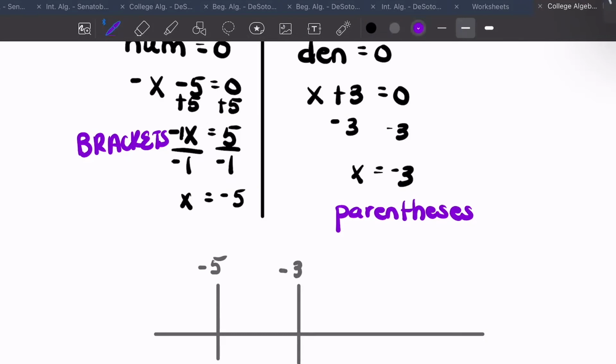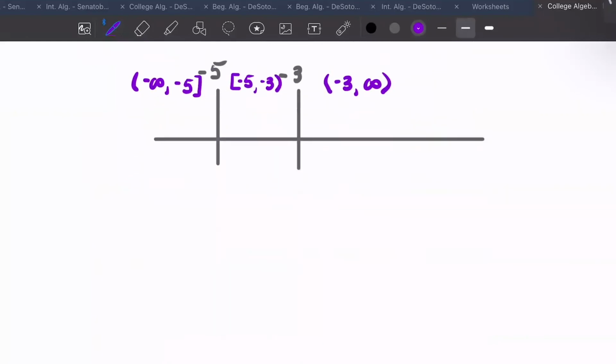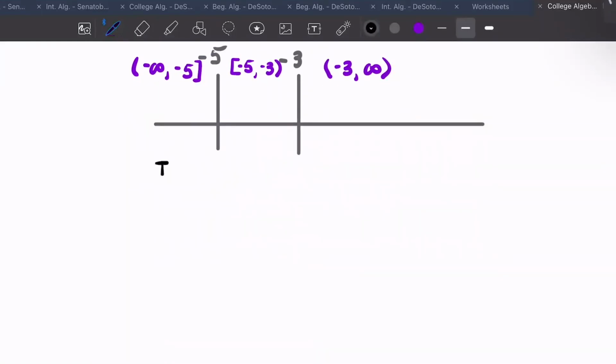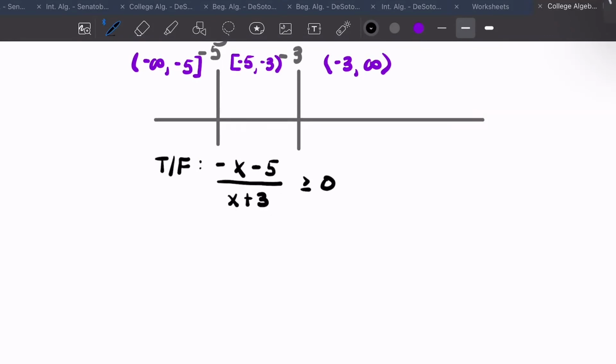We are here with -infinity to -5, and we will do brackets on -5, -5 and -3, -3 will have parentheses, -3 to infinity. Okay. Now we need to do our true false chart. And we are using -x minus 5 over x plus 3 is greater than or equal to 0. All right. That's what we're going to plug in.